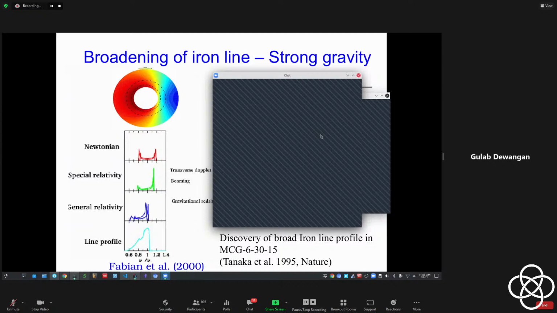This is due to something called the propagation fluctuation model, where the variability at lower energies is slower because it arises further away in the corona region, while at higher and higher energies the emission comes from closer in, and the propagating fluctuations become faster and faster. This is one of the models, but a very clear understanding of the hard lags is not there. This is more like a qualitative explanation.